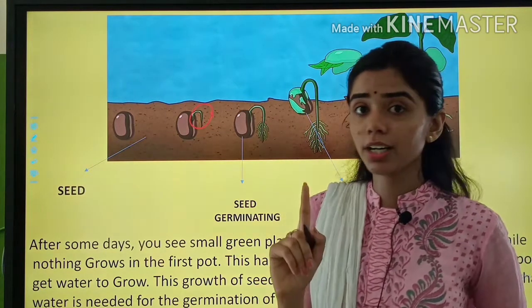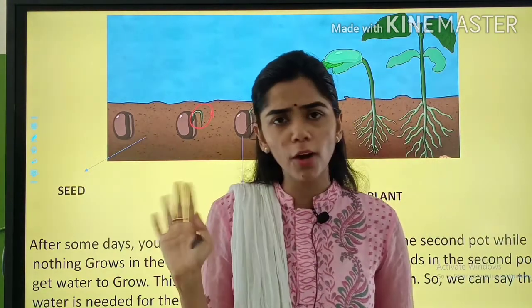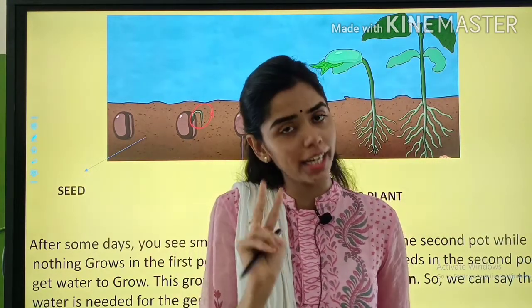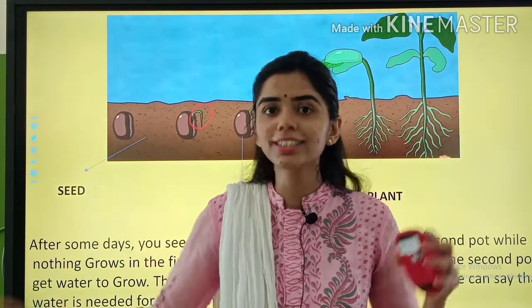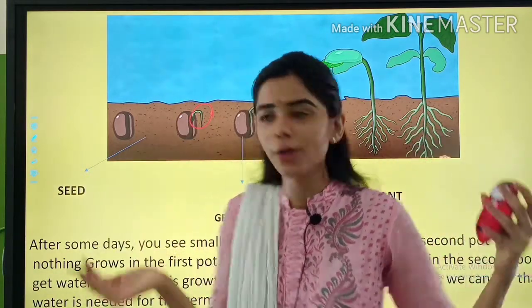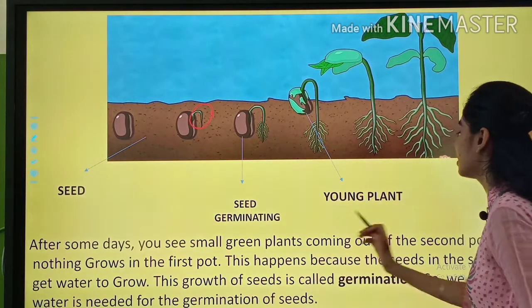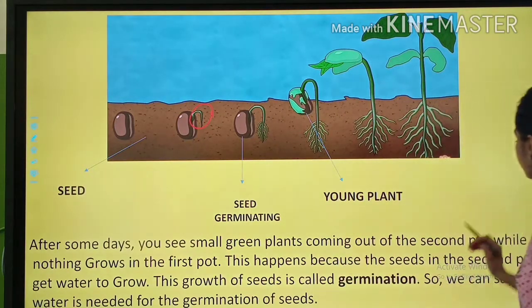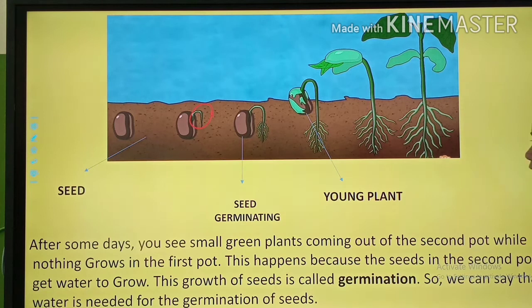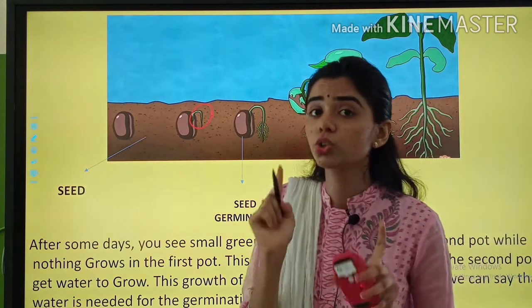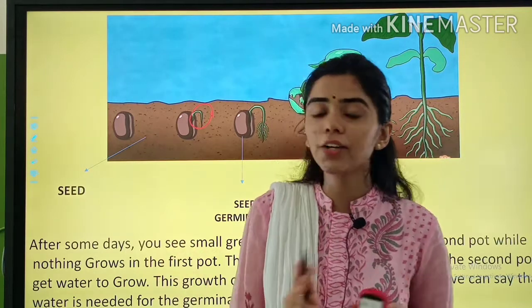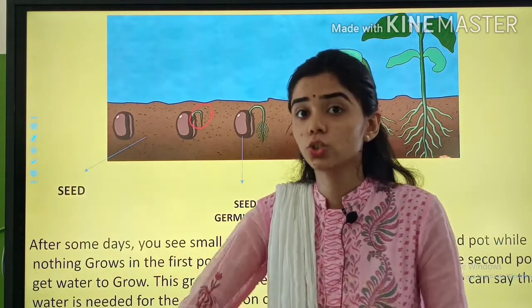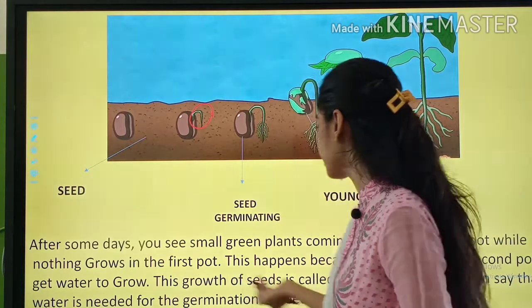Okay, so in the first pot we did not water it, and in the second pot we watered it. So what happens? Seeds started growing, and this happens because the seeds in the second pot get water to grow. Second pot में regularly हमने water दिया, so it started growing.